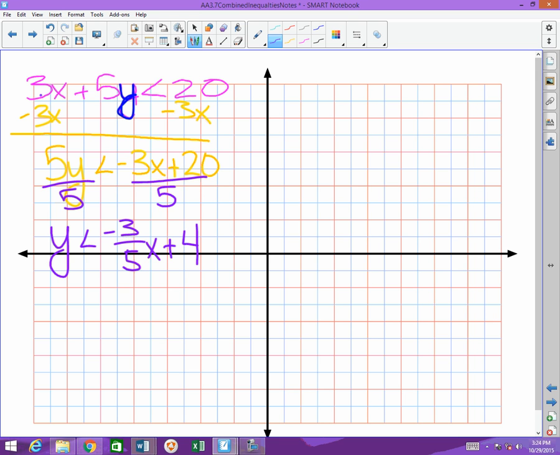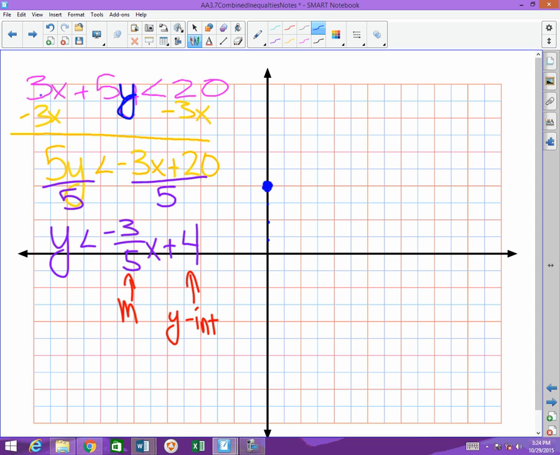And so now we graph the line. When you graph the line, your slope is negative 3/5 and the y-intercept is positive 4. So we are going to cross at positive 4 right there.